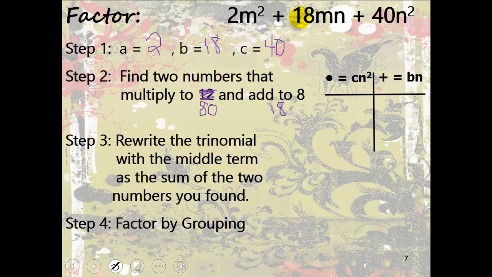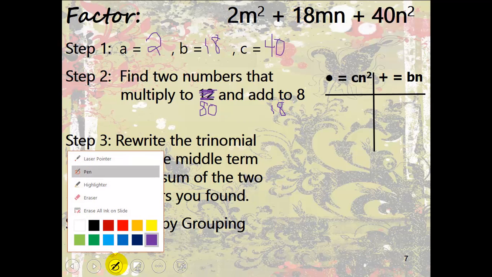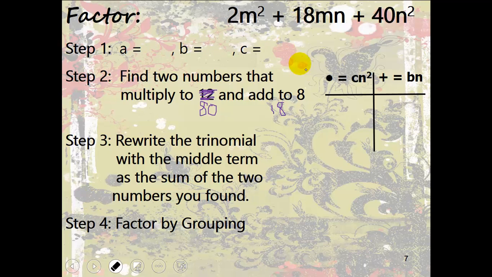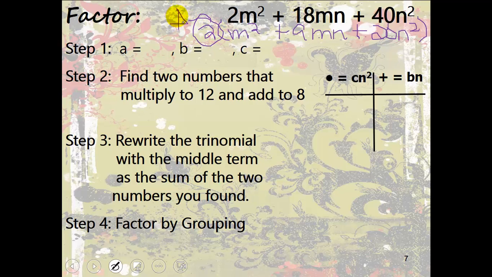So let's go back and let's reduce this so it'll make our calculations a little bit easier. Let's factor out a 2. That's going to give me m squared plus 9mn plus 20n squared. Now I'm going to use these as my trinomial. I'm going to keep this star so I don't forget to pull it down at the very end.